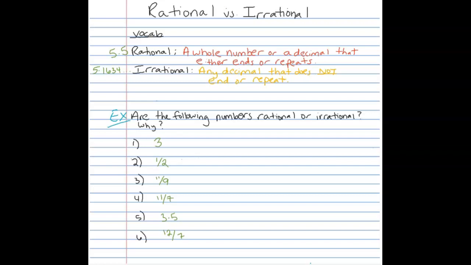So what we're going to do is go through each individual example, some together, some on your own. We are going to determine whether or not they are rational or irrational, but we're also going to explain why. The big thing for algebra for next year is being able to explain why. So the first example we have is 3. 3 falls under a whole number.